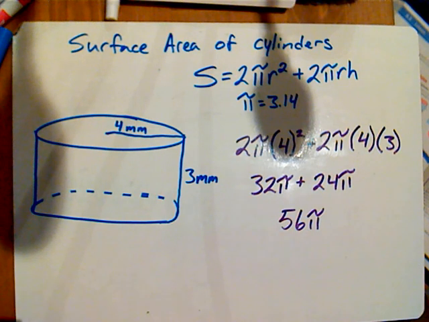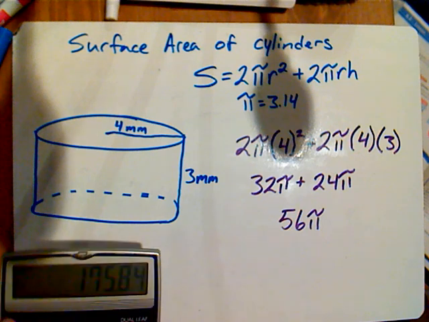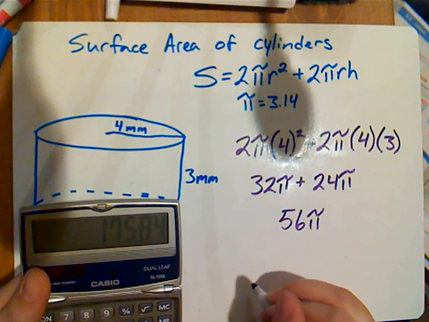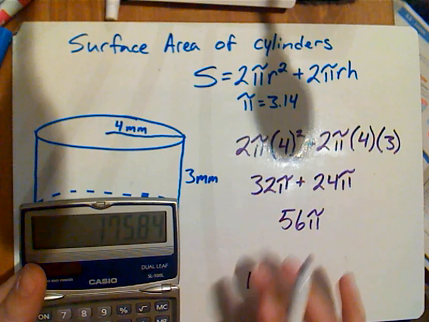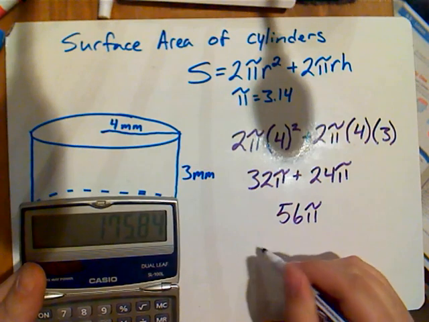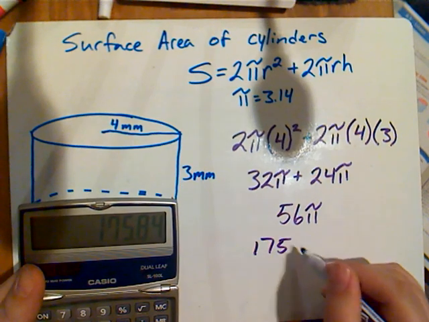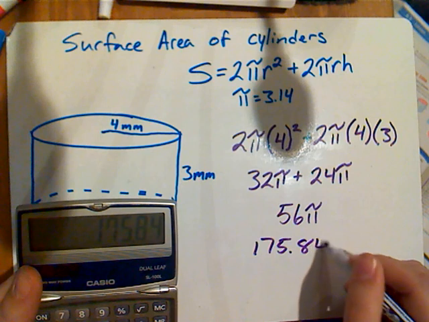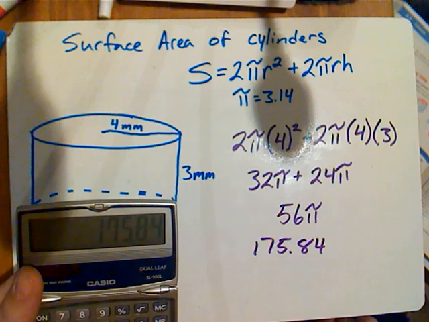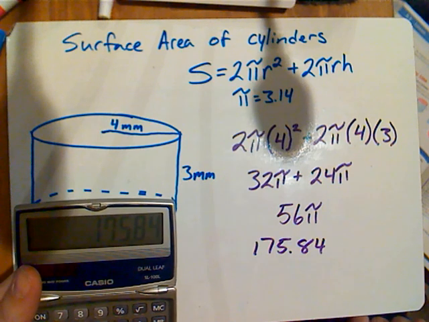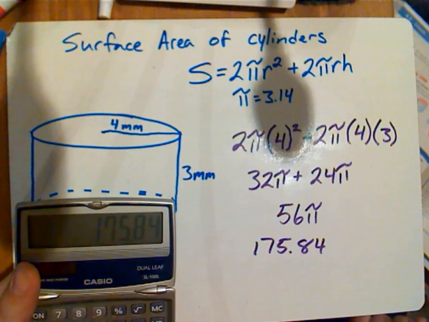And remember, if you guys need a calculator, you can use a calculator. 56 times 3.14 is going to be 175.84. Your test and book will always ask you to round to the nearest tenth.